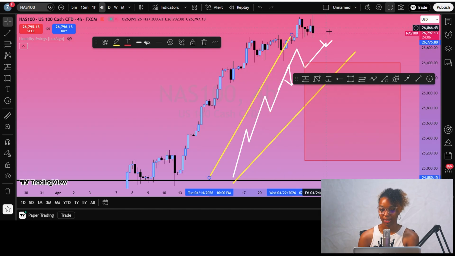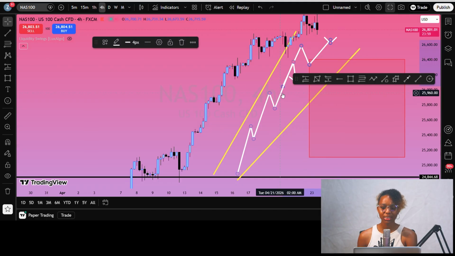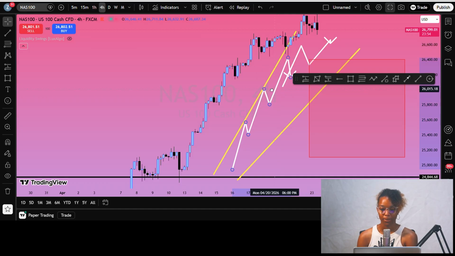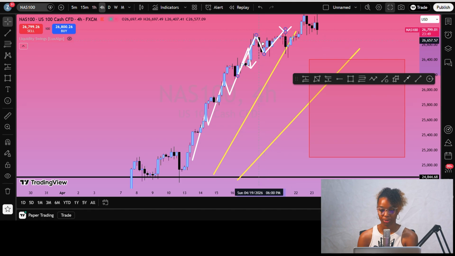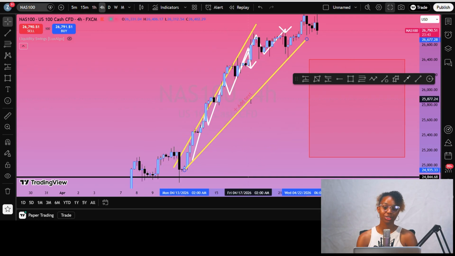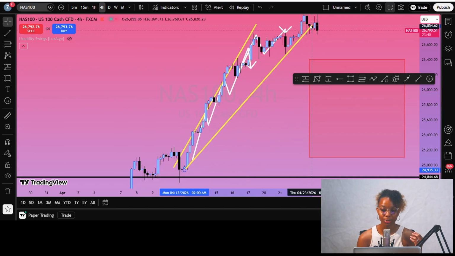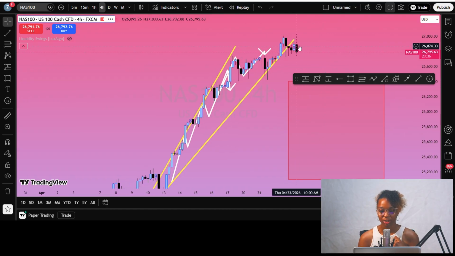Forming the uptrend. Now, if price was to break well below that line, that trend line, then obviously you would know that there is a shift in market structure. So now that you're seeing if price broke anywhere below this structure, let's just say that this candle that has formed over here chooses to just shoot all the way down.